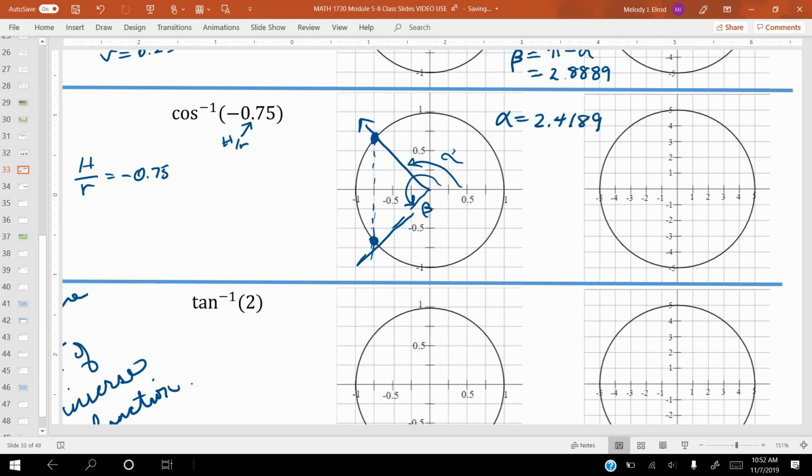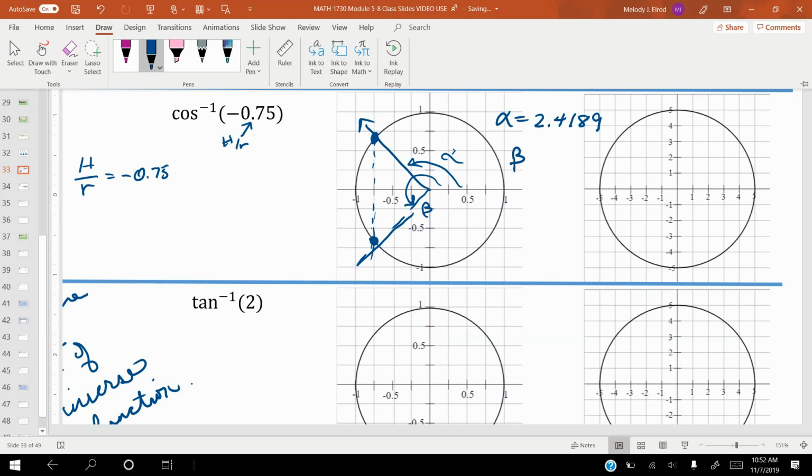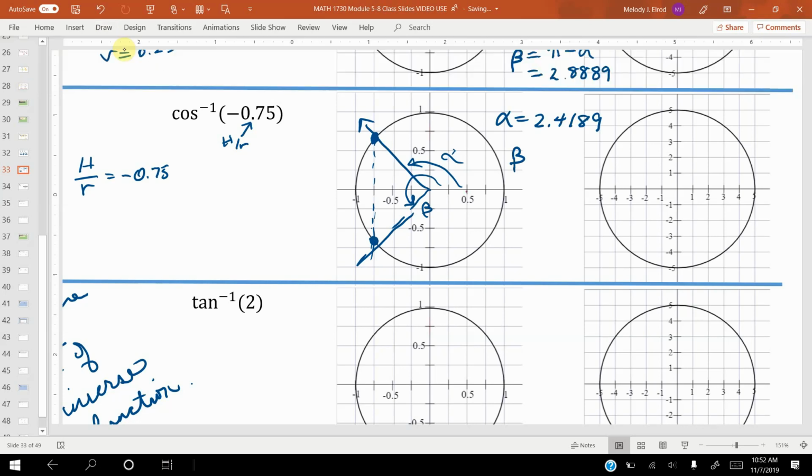And that means that beta is on the other side of pi from there, right? So this alpha that's right here is replicated here. You can think of this as alpha prime. This is a reference angle that would be equivalent.